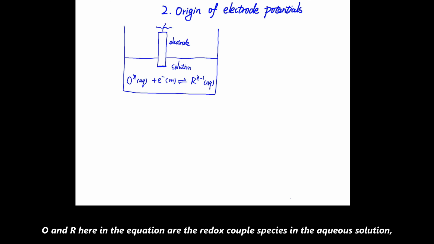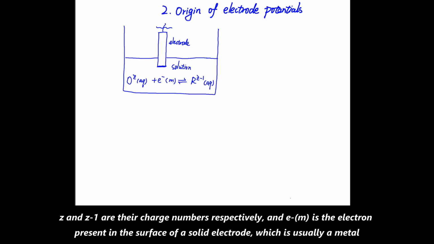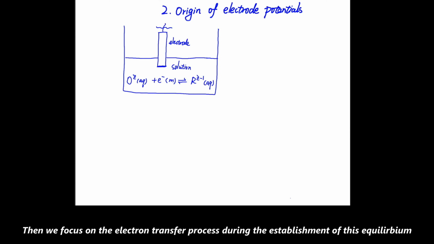O and R here in the equation are the redox couple species in the aqueous solution. Z and Z minus 1 are their charge numbers respectively. And e minus in brackets M is the electron present in the surface of a solid electrode, which is usually a metal. Then we focus on the electron transfer process during the establishment of this equilibrium.